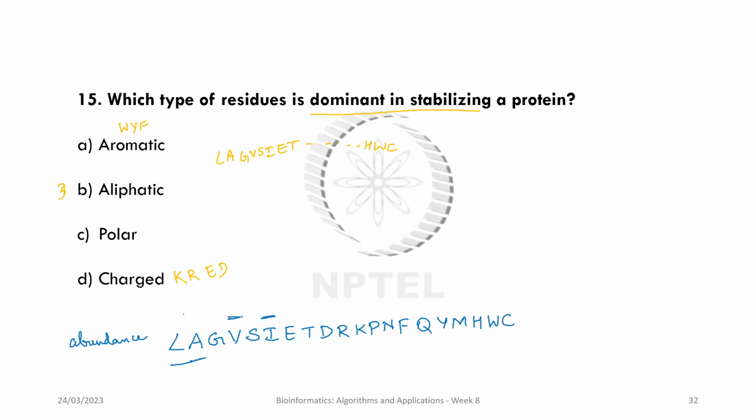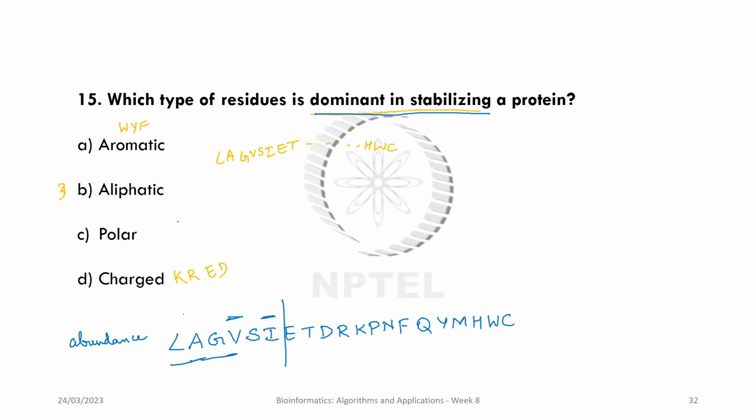They are in the top six amino acids, followed by, if you include this also into aliphatic. So what is dominant in stabilizing a protein?